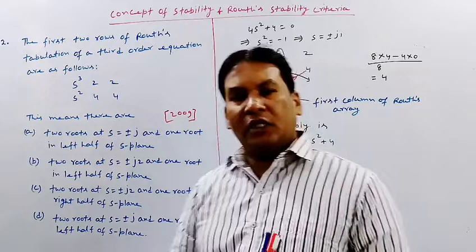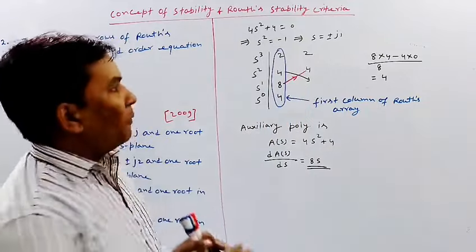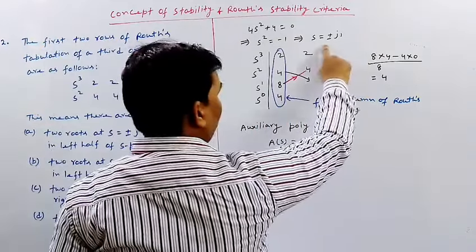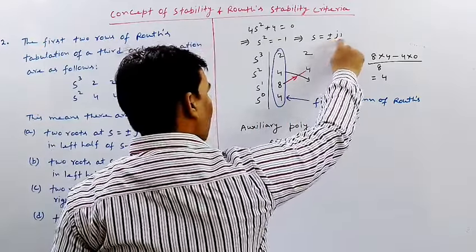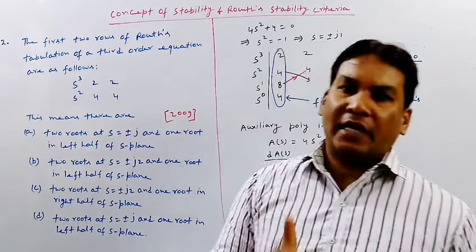So there must be 3 roots, and 2 of them are at imaginary axis at plus minus j1, and the third root will lie on left half of S plane, that is on negative real axis. So the conclusion is 2 roots will lie on imaginary axis, that is plus minus j1, and 1 root will lie on negative real axis.